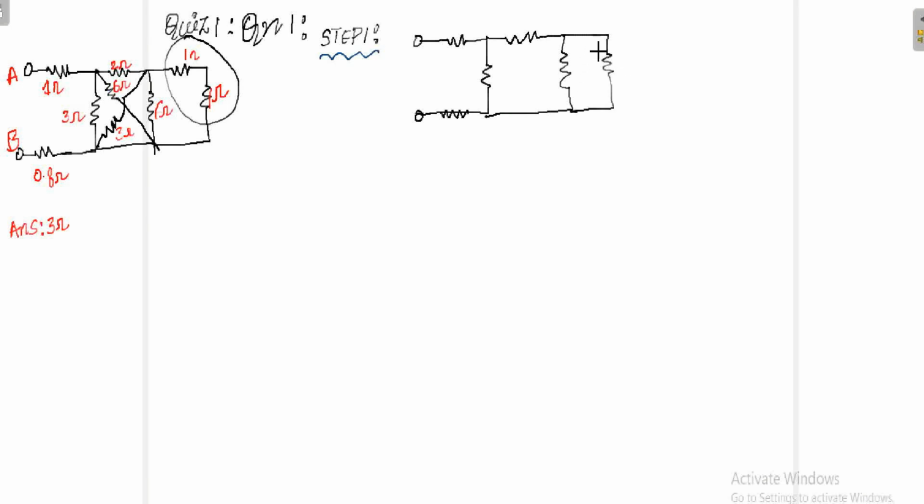In the diagonal you have one resistor, just draw like this, and one more resistor. This is your point A and this is your point B. This is your 1 ohm, 0.8 ohms, and this is your 3 ohms, and this is your 2 ohms, 6 ohms, this is your 3 ohms, and this is your 6 ohms, and 1 plus 1 becomes 2 ohms. Nothing else was done, we just added because they are in series.